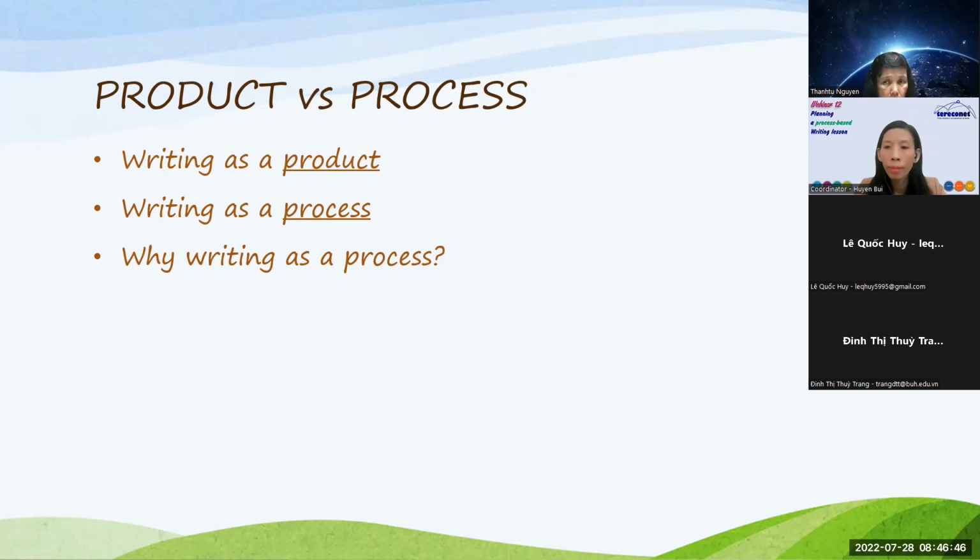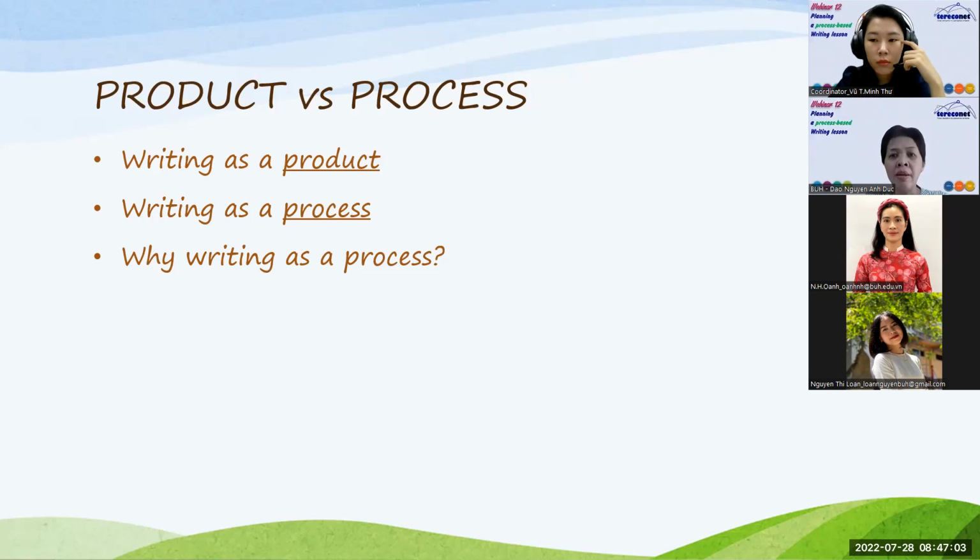At each stage of the writing process, students will need to use different sets of skills. At the beginning and at the end, they will have to use different kinds of skills. And when we guide them through the writing process, they have the opportunity to make use of what they have learned, not only in our class, but also in other classes, from other subjects, from other skills.